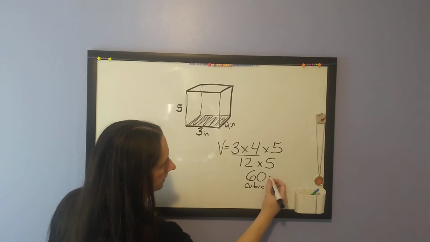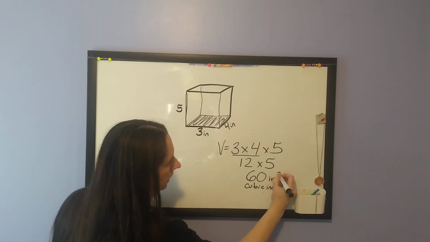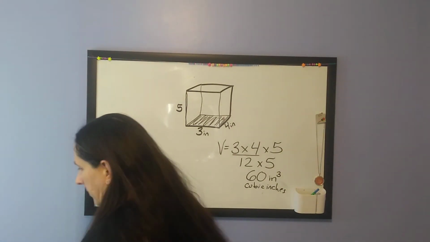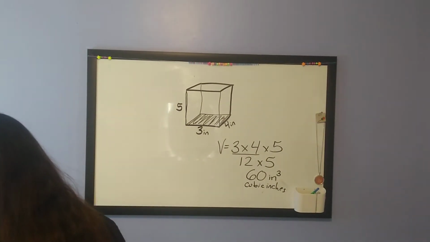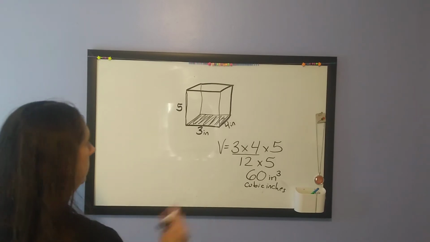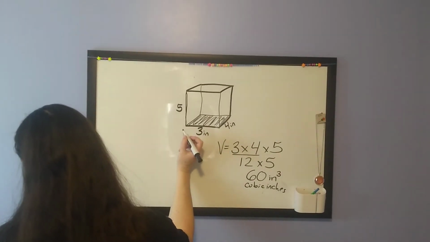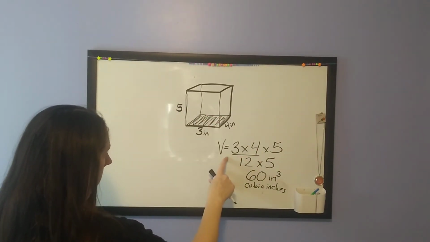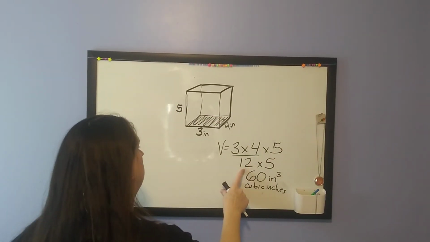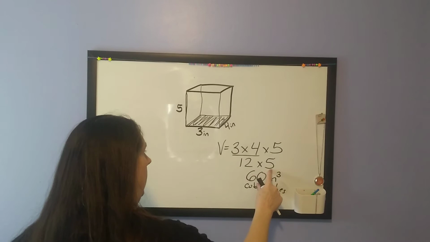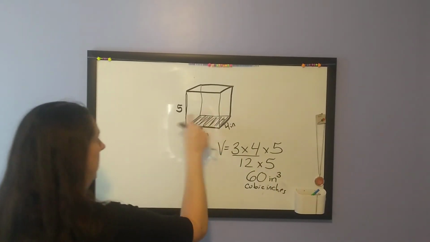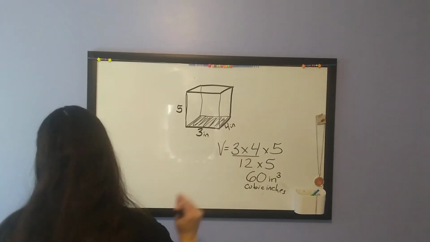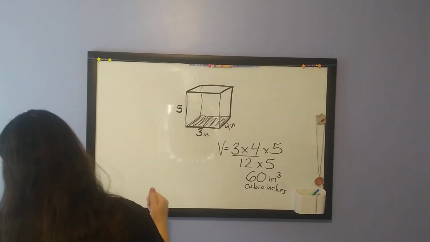Or I can get fancy by writing inches and putting the exponent of 3 to show that it's cubed. So if I was to use this problem, 3 times 4 is the base area, and this would be like how many layers or how many levels, right? I have 5 of them, so it would be 12 times 5.